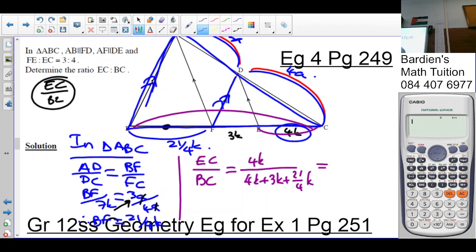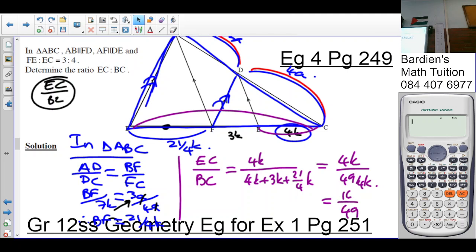The K's, of course, will cancel. So it's going to be 4 over 4 plus 3 plus 21 over 4, which is 49 over 4, and 4 divided by that answer gives you 16 over 49.